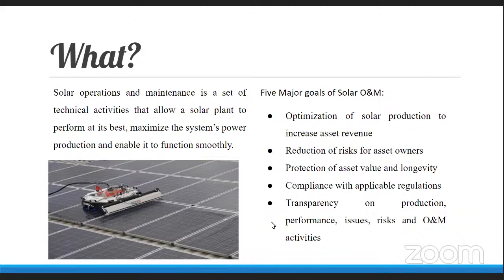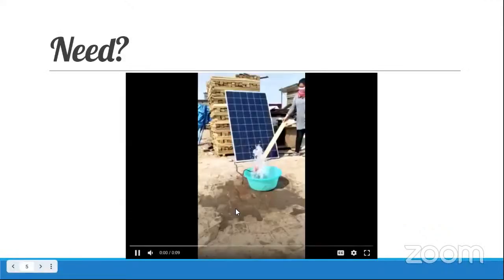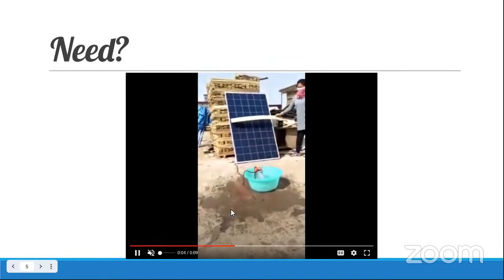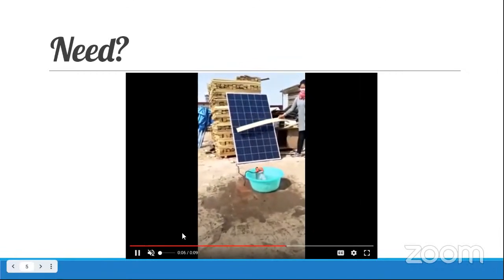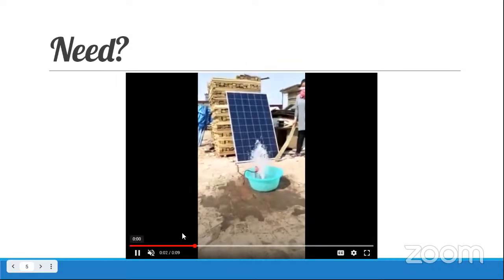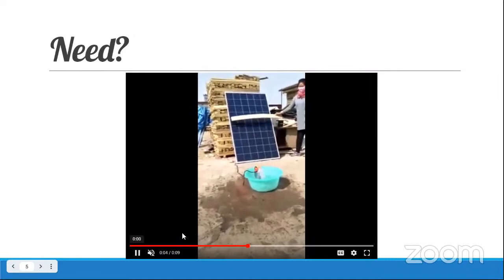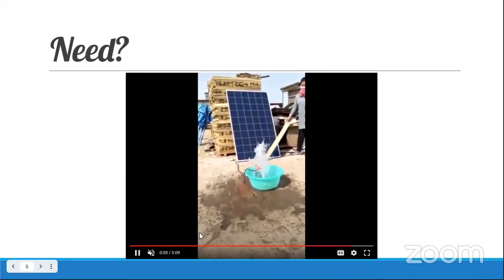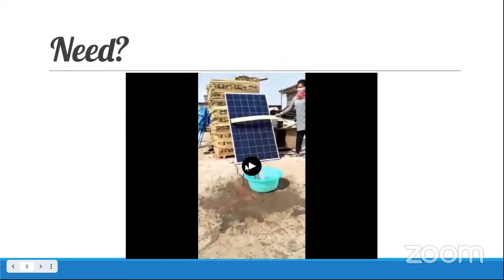Now, reaching the next slide, I want to show you this video. Here you can see that as the woman raises the strip and brings it to the center of the panel, the power of the pump is reducing, and you can see that the water is not raised properly.